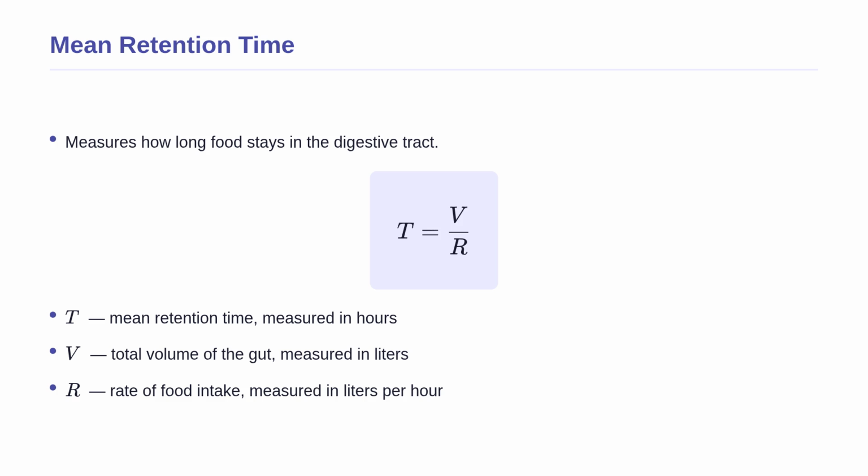V is the total physical volume or capacity of the gut in liters. R is the rate of food intake in liters per hour. If the gut volume V increases, food stays inside longer, allowing for more thorough digestion. Conversely, if the intake rate R increases, food is pushed through faster, decreasing the time available to extract nutrients.